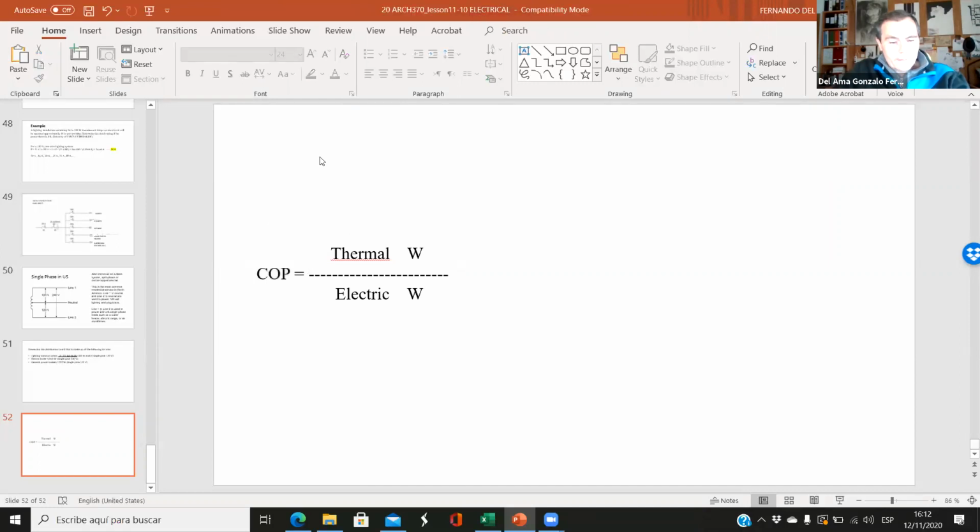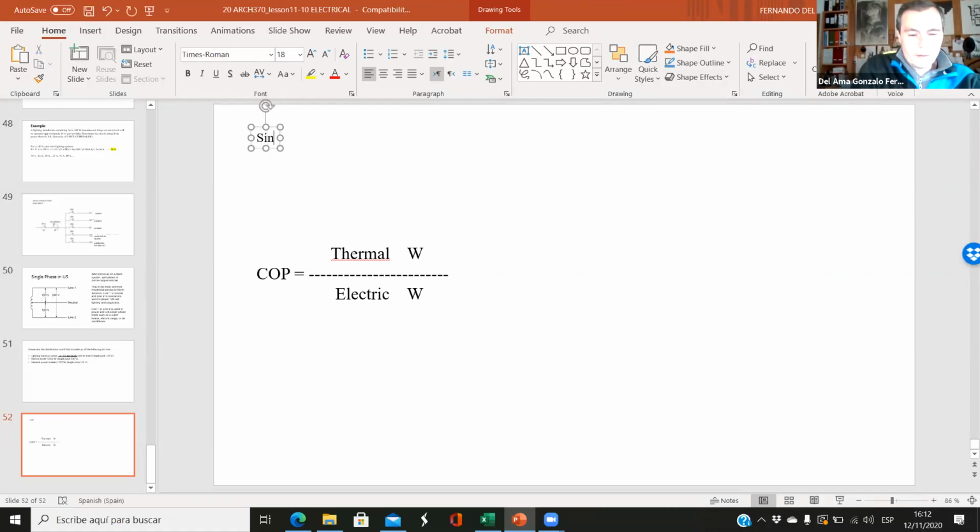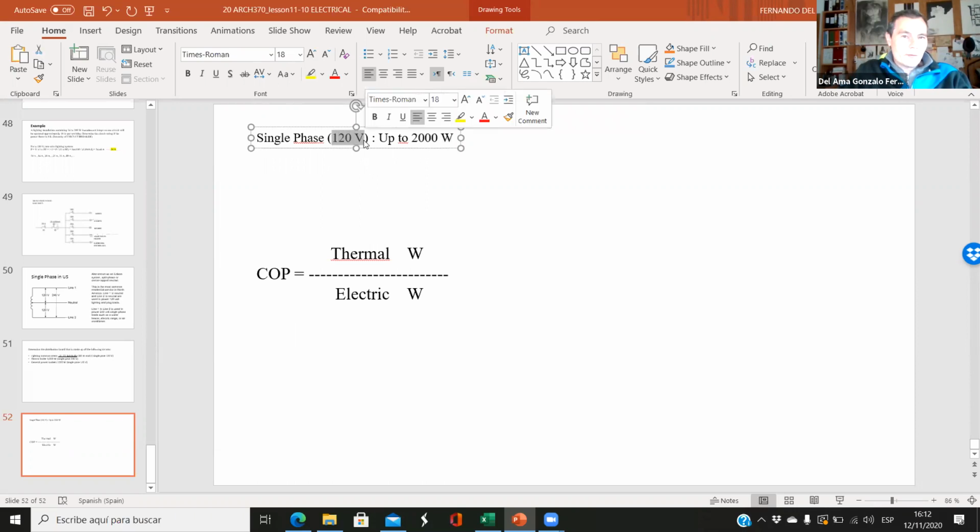So we can say that we can use a single phase if the power is up to, let's say, 2000 watts, and we are using single phase with 120 volts.